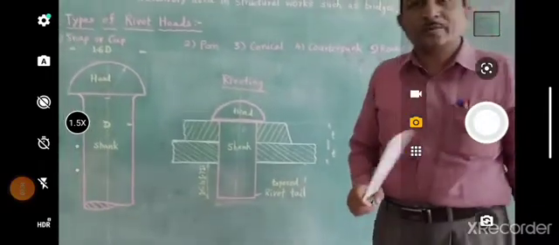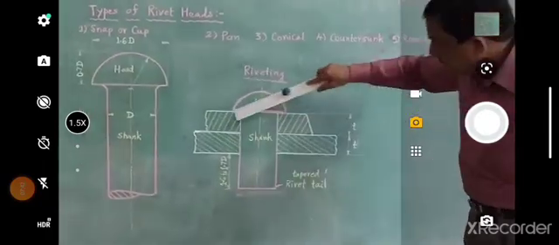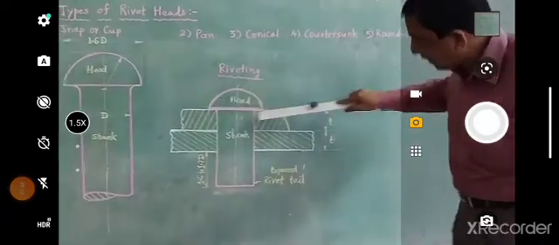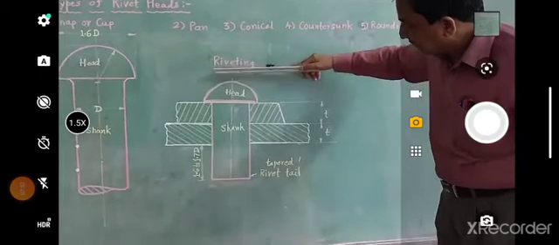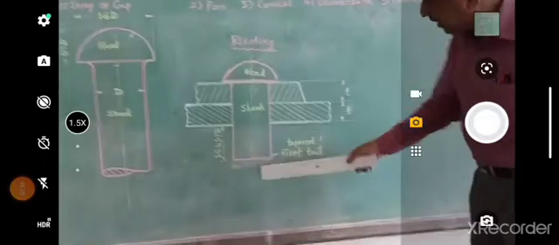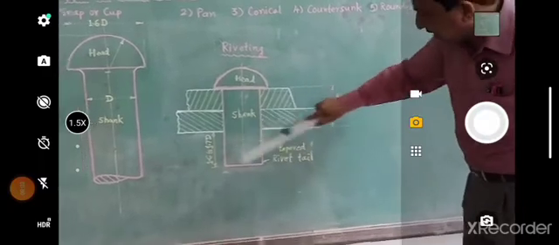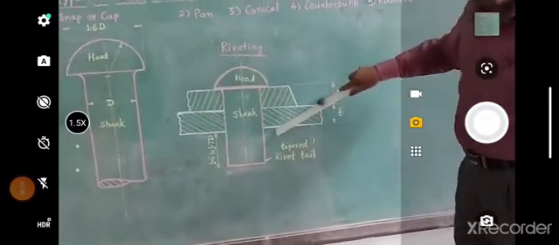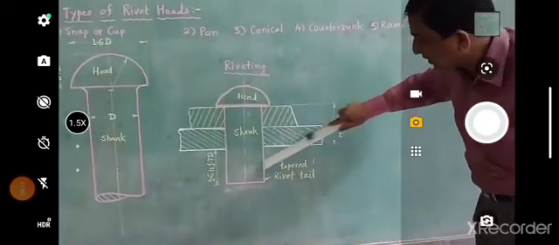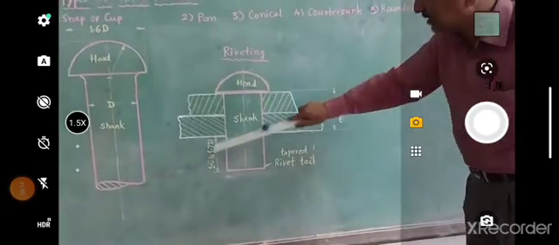In it, the machine has a cone of the same shape as the head, fixed from the top, and by using the hydraulic or pneumatic riveter, the extra portion of the shank is squeezed or hammered, so that a similar head is formed on the bottom side of the two plates also.